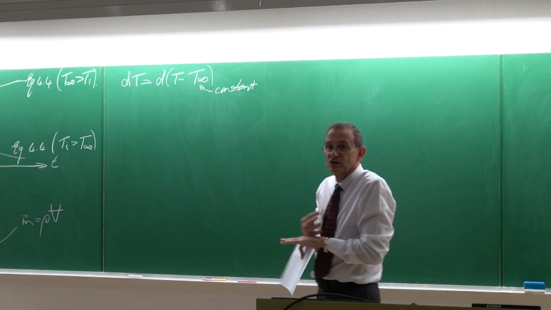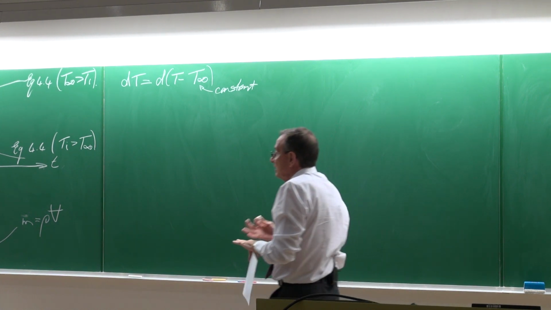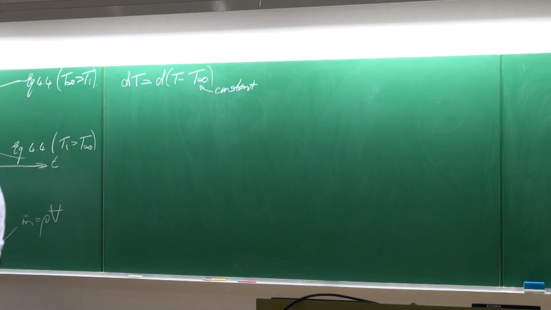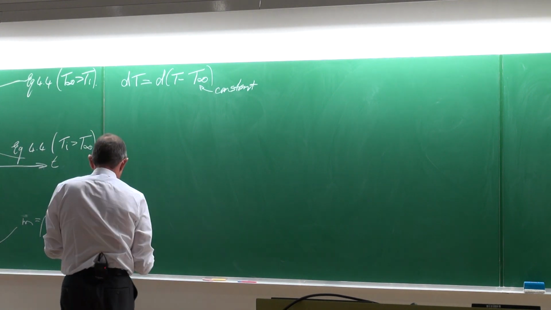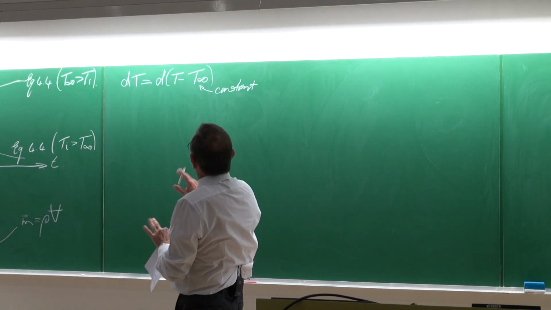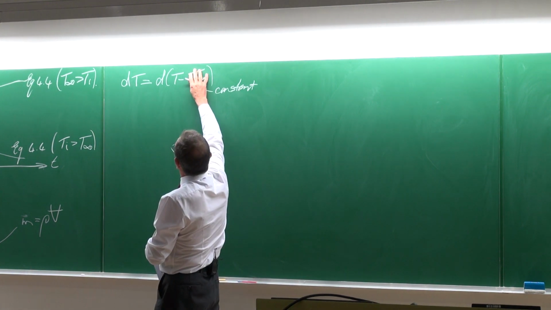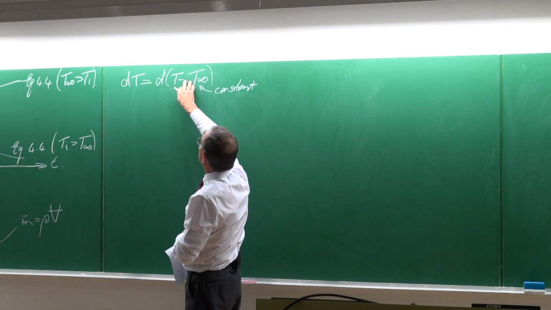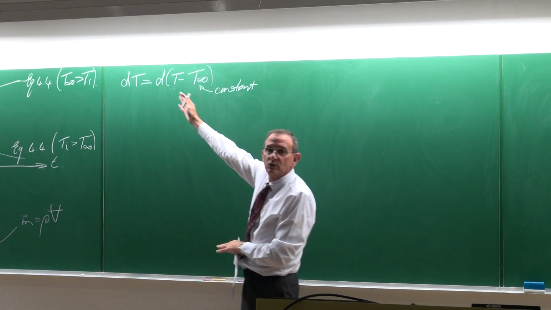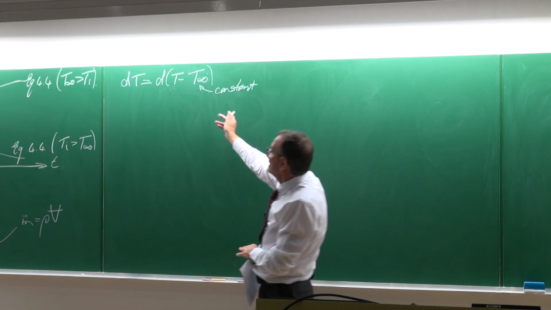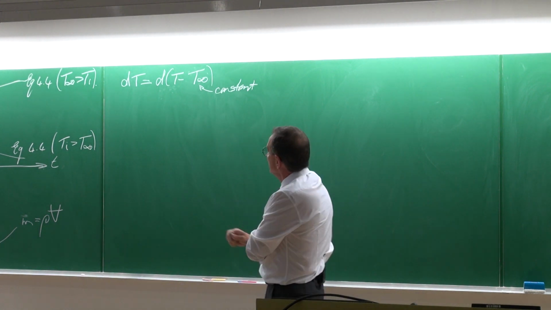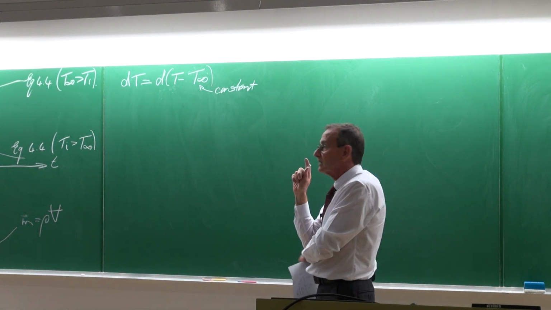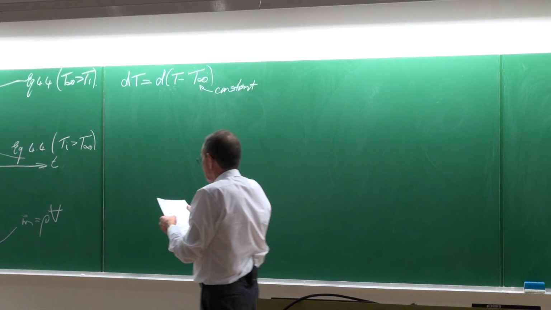So that value is not going to change. It is only going to be the temperature of the body that's going to change. If we do a differentiation here, if this is a constant, it is equal to 0. So that is why we can write dT as equal to d(T minus T infinity), T infinity being the environment temperature.